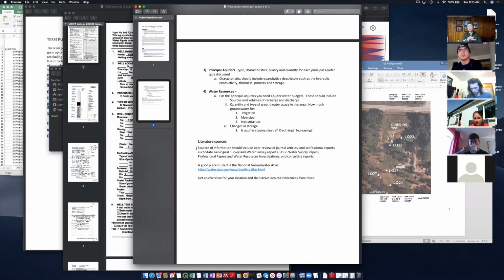Now, this won't be the only source you can use. It's a place to get started. There will often be citations within the atlas that you can follow to get other sources of information, but it's a good starting place.